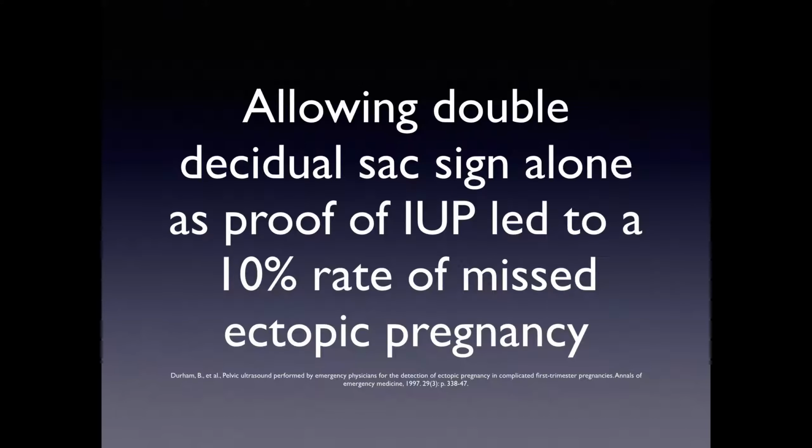This is why we do not call a definitive intrauterine pregnancy unless a yolk sac is present, whereas many obstetricians and radiologists may be comfortable doing it a little bit earlier in pregnancy when only a double decidual sac sign is visualized. There are relatively few patients that fall into this gray zone, and OB consultation is appropriate for them. It is justified to ensure that our ectopic miss rate is low.